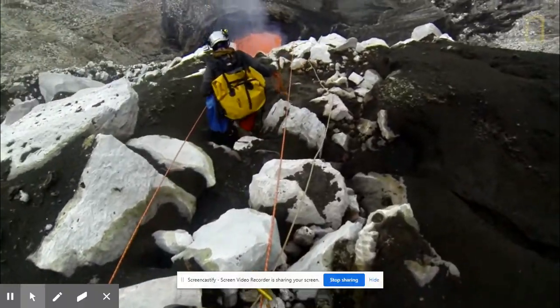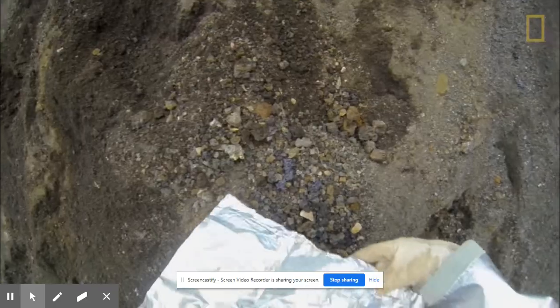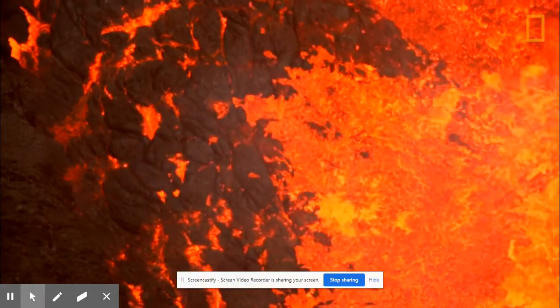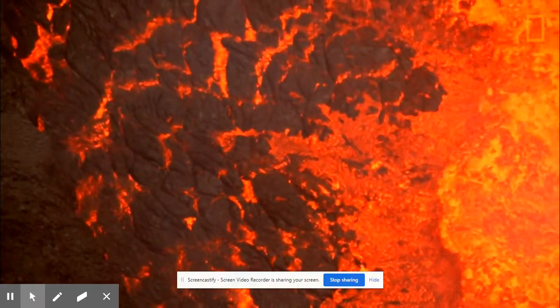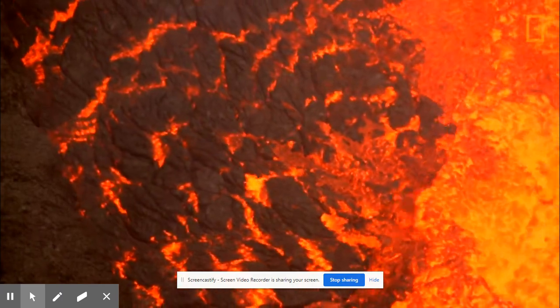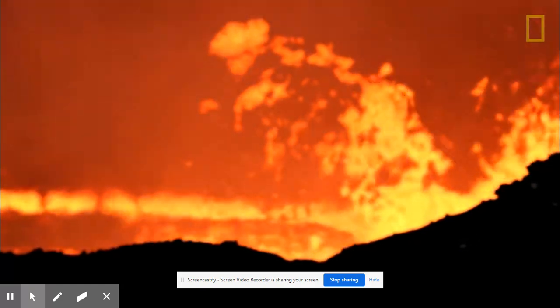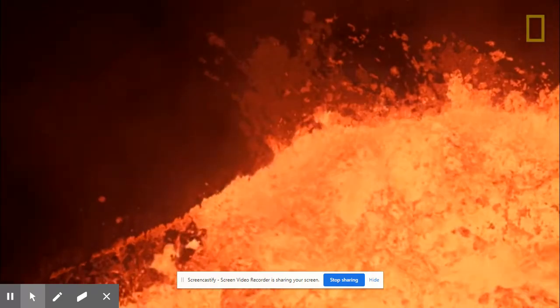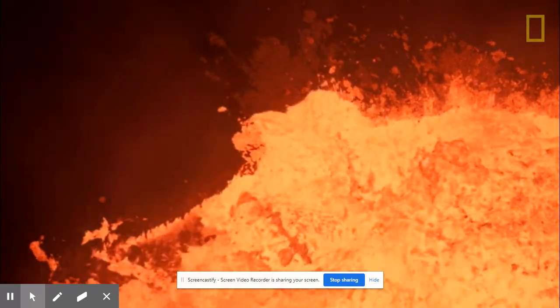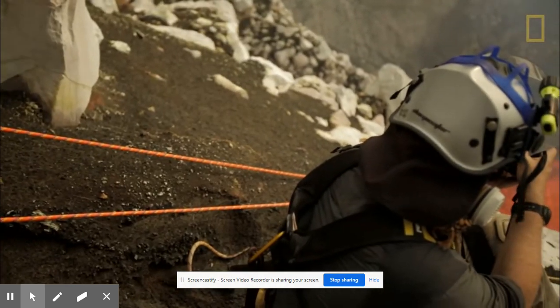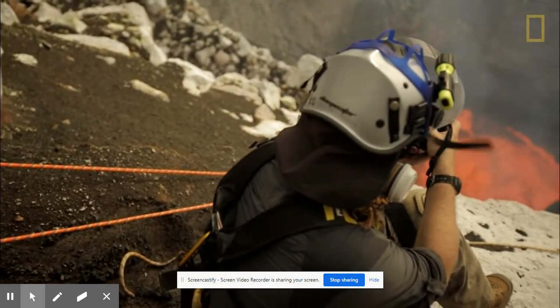We were there to investigate how quickly microbial colonization happens on rocks. We certainly wouldn't imagine that there is life in the lava lake itself, just way too hot for anything to happen. But the instant the rock cools to below about 120 degrees Celsius, it's considered a habitable environment. Getting a handle on how microbes can colonize this particular substrate is a good example of what will happen across the planet and has happened across the planet throughout geologic time.